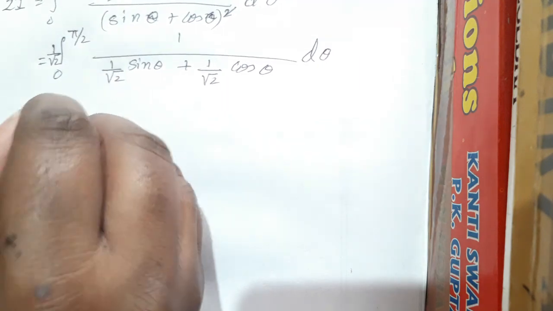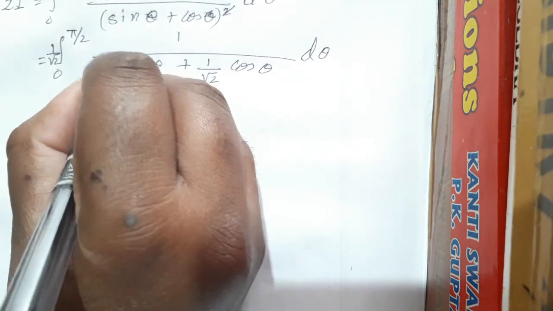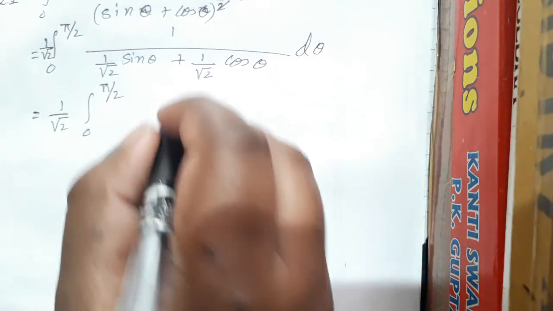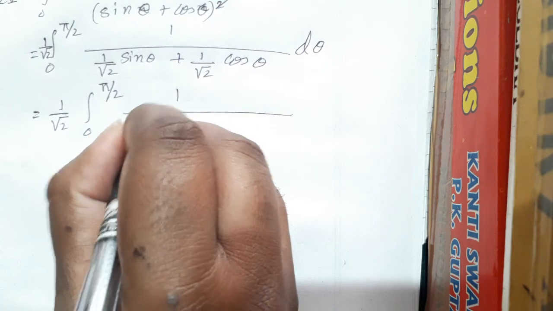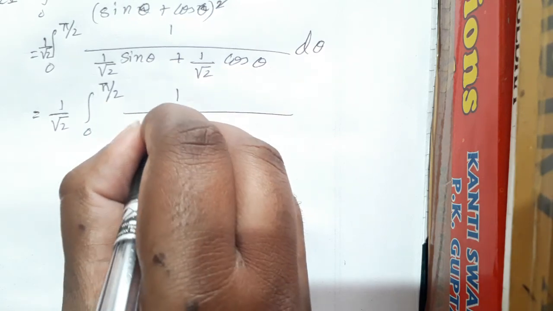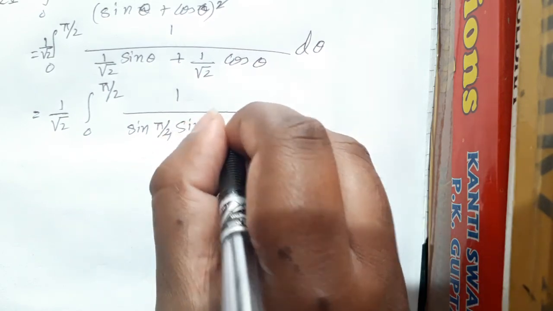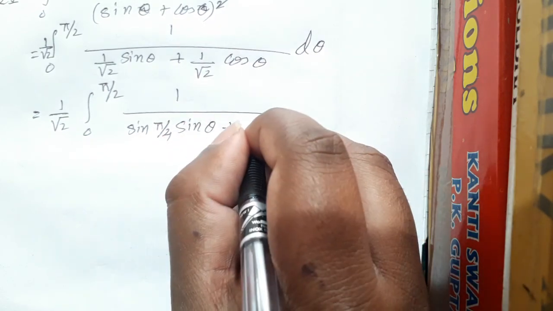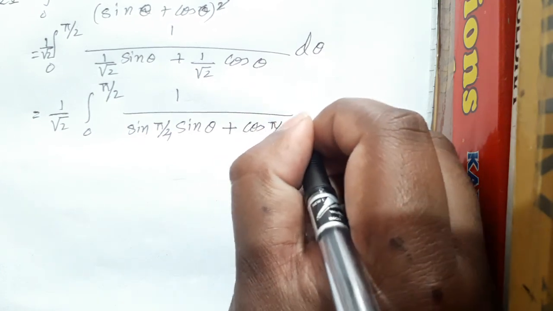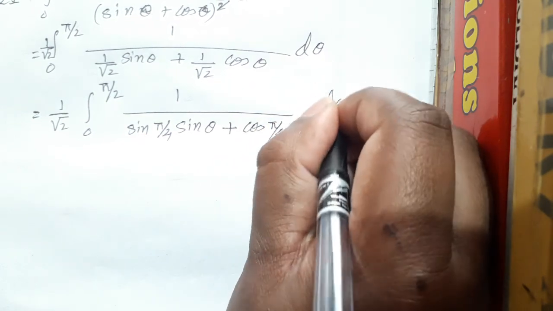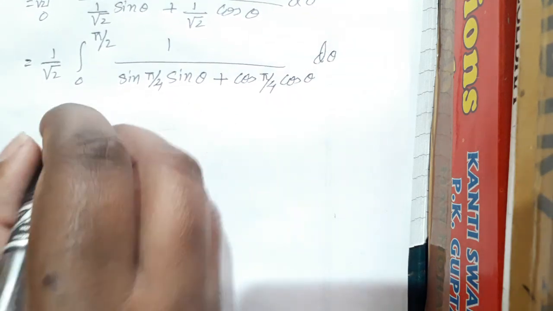So this is equal to 1 by root 2, 0 to pi by 2. This can be written as sine pi by 4 sine theta plus cos pi by 4 cos theta d theta. So it is of the form cos a minus b, so I'll apply the formula here.